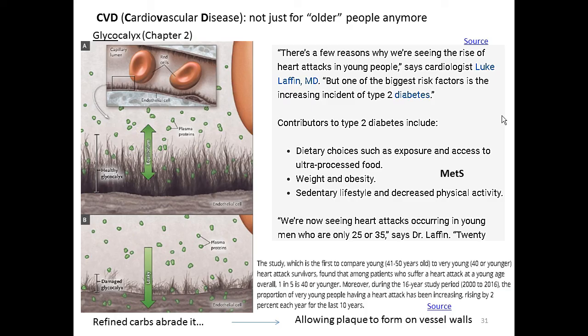But you can also see sedentary lifestyle and decreased physical activity. Because remember, your muscle tissue can take up glucose without insulin. So if you just get more muscle tissue, you can actually help that. The other thing is the more mitochondria you have in your muscle cells, the more insulin receptors, and you can make yourself insulin sensitive just by walking every day.